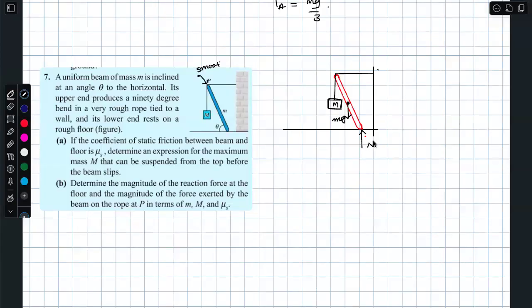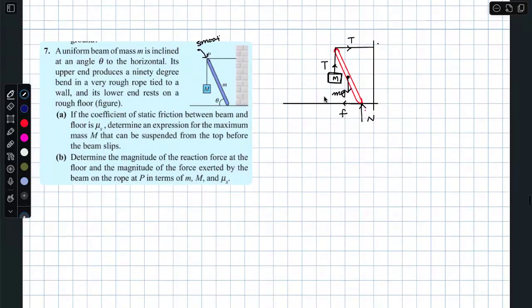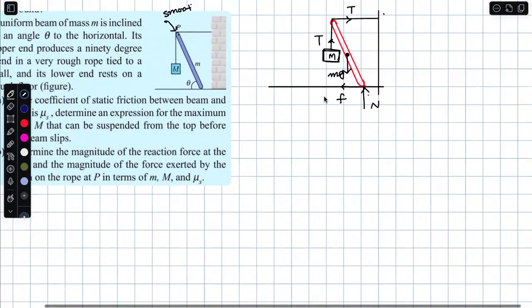You require only one normal reaction, unless, can you please tell me the tendency of this end? Will it move leftwards or rightwards? Say it louder, nothing will happen, rightwards. So obviously the friction direction will be leftwards. And you have the tension here and the tension here. Done. If we have clearly understood this free body diagram, the question is done.